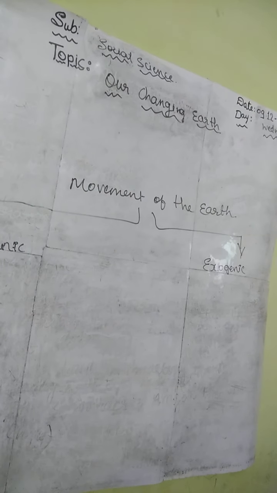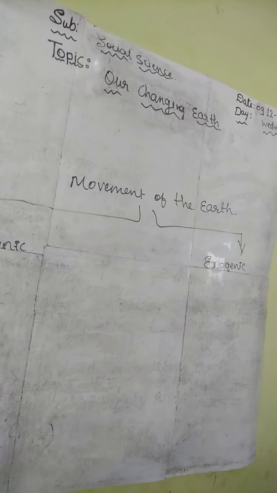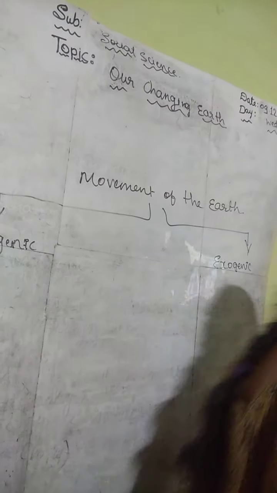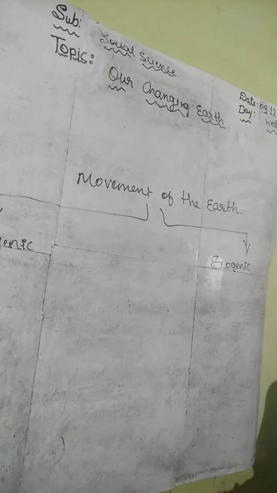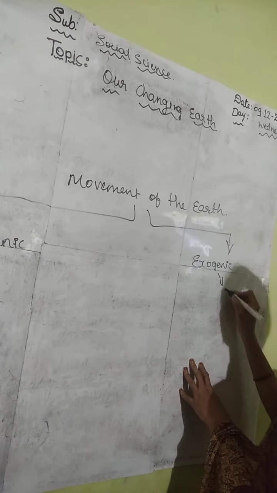So endo means under, and exo means outer.